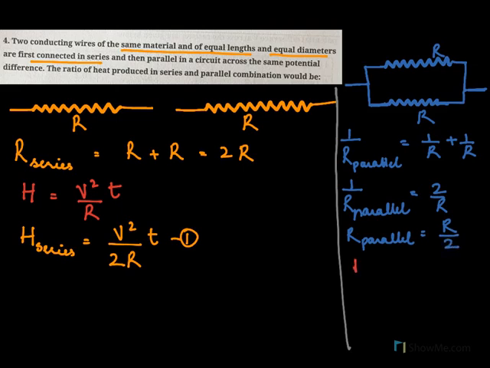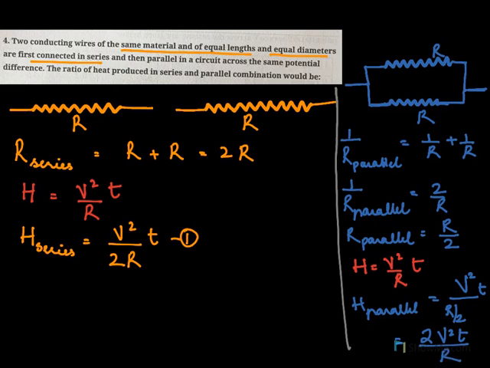And we know the formula for heat produced is V square over R, times T. So for parallel, the heat produced will be V square over R by 2, into T. So this would now work out to 2 V square T over R. Now we need to find series over parallel.